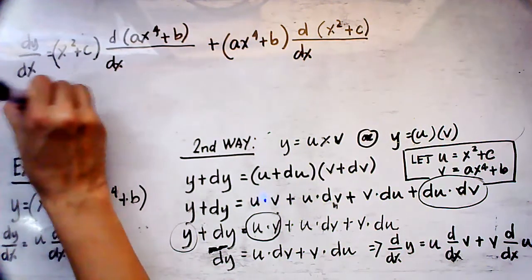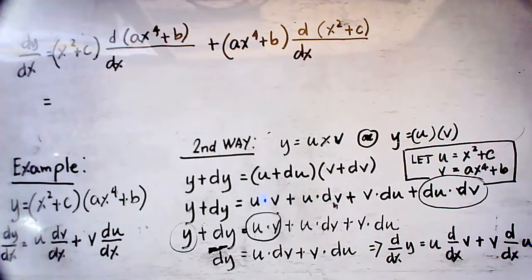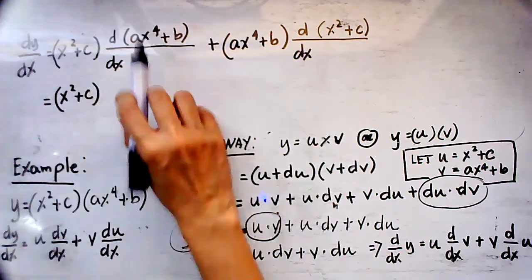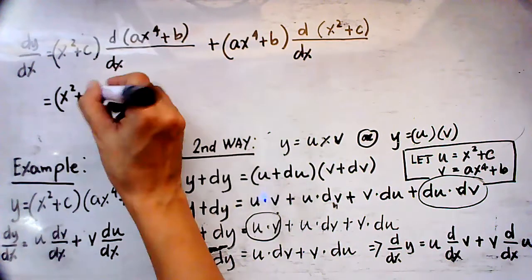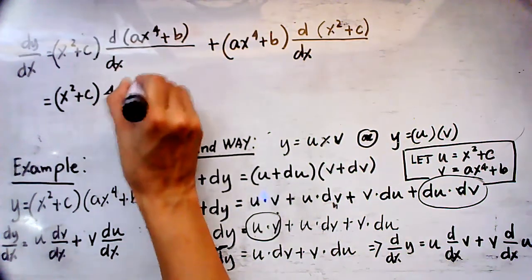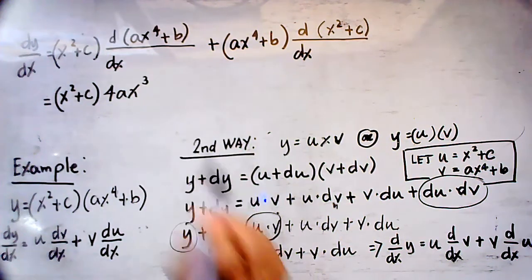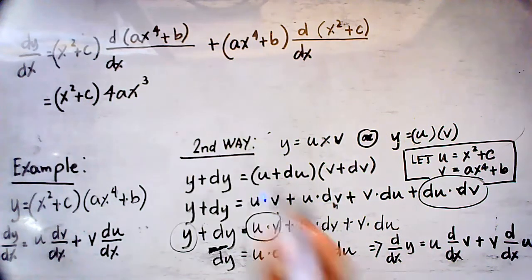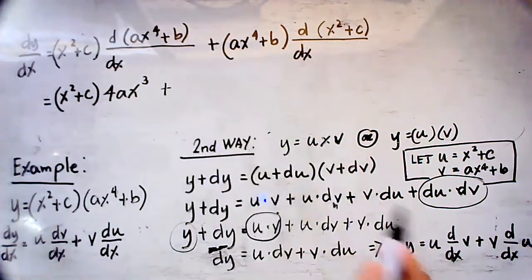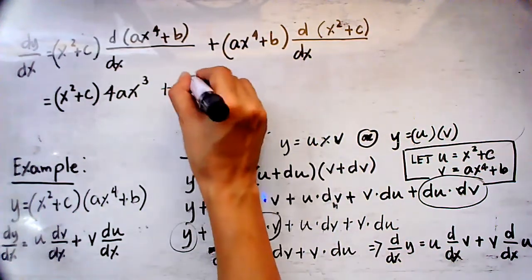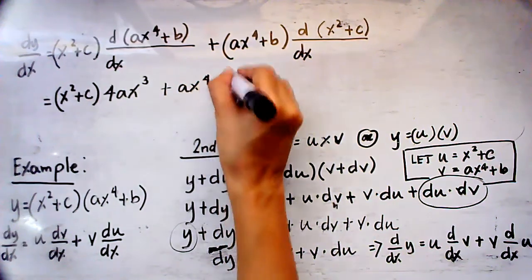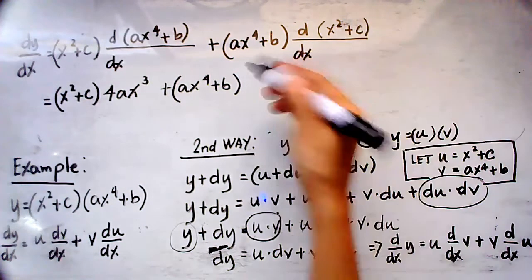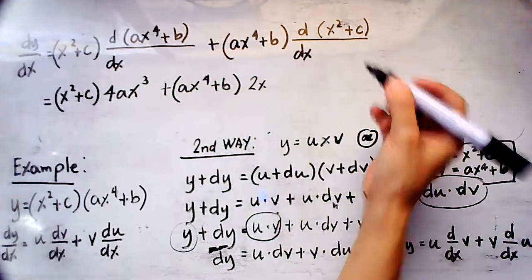So we have now dy over dx, x squared plus c, and then determine the derivative of ax to the fourth, so that is 4ax raised to the third power, and then d dx of the constant is 0, plus, we have ax to the fourth plus b, then multiply it by the derivative of x squared, which is 2x.